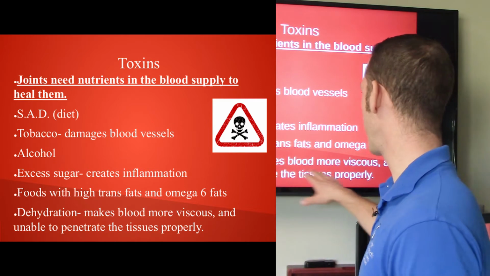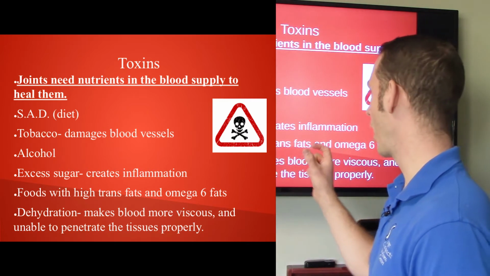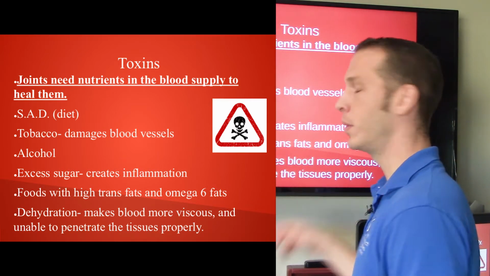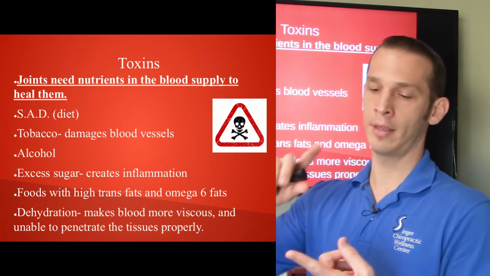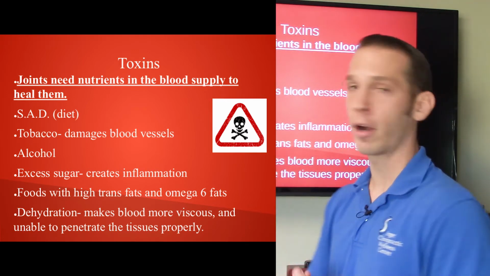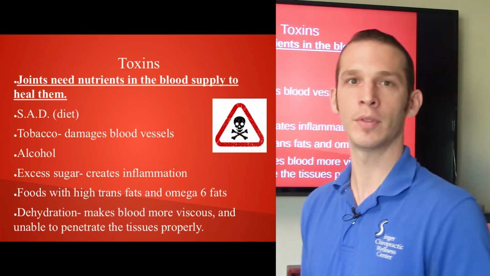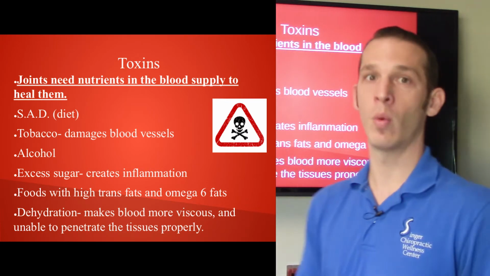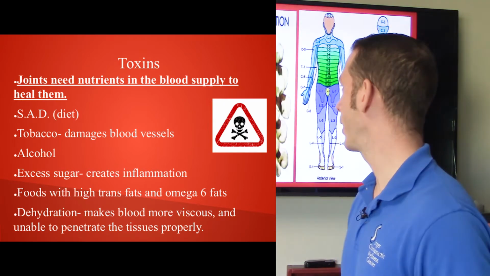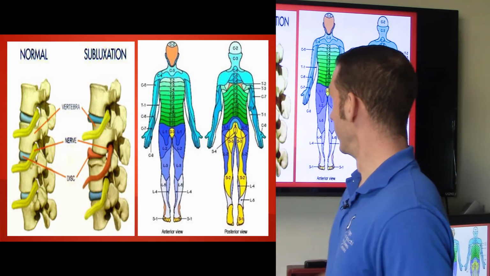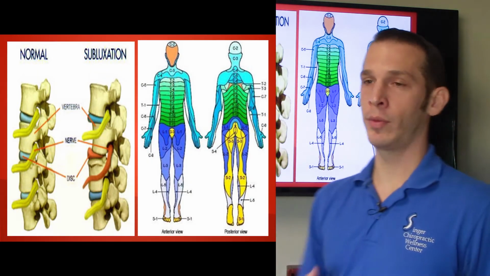And we talked about dehydration, makes the blood more viscous and unable to penetrate the tissue that it needs to. In other words, you can't get the water into your disc spaces, your joint capsules, etc. So you need the water. It's very important, okay? All right, so we talked about what happens, we talked about these misalignments.